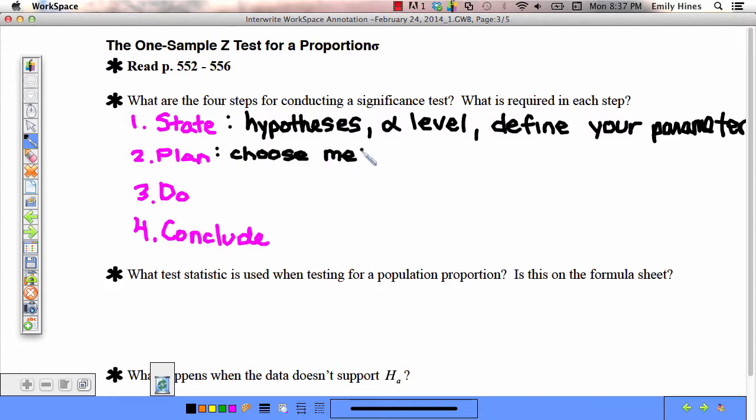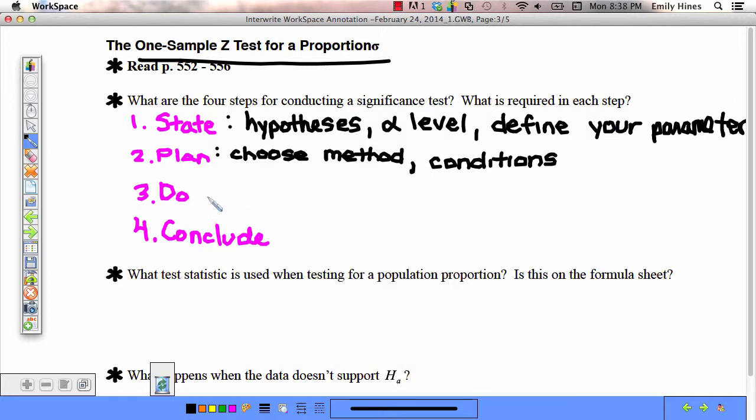As you can see from the header on this page, the one we're talking about today is your one sample z-test for a proportion. But you might be using a confidence interval for a proportion, or a confidence interval for a mean. Okay, so choose your method, check your conditions.